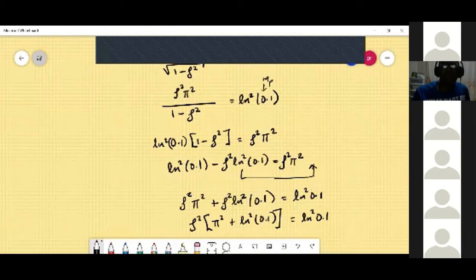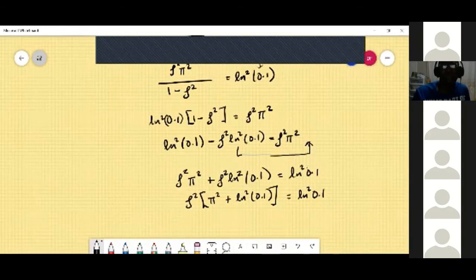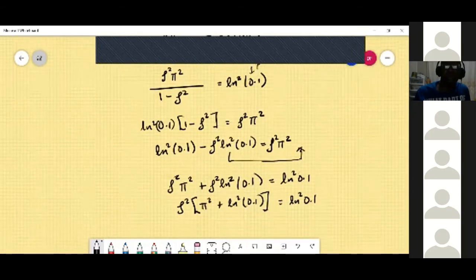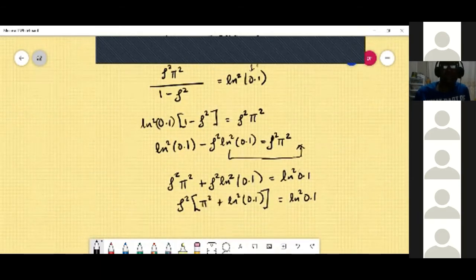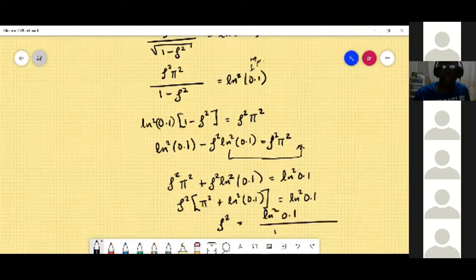So damping ratio squared is equal to ln squared 0.1 divided by pi squared plus ln squared 0.1. And we will shift everything across.